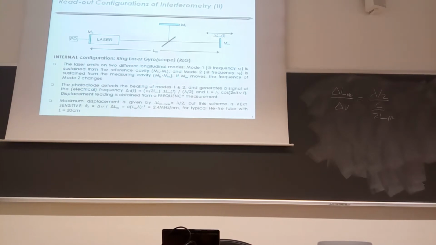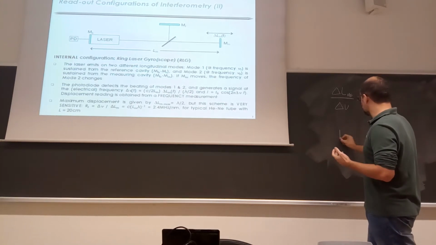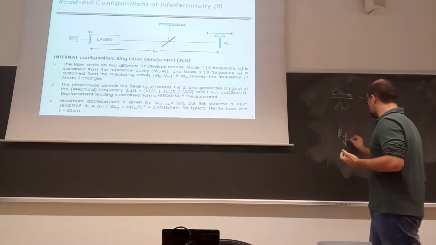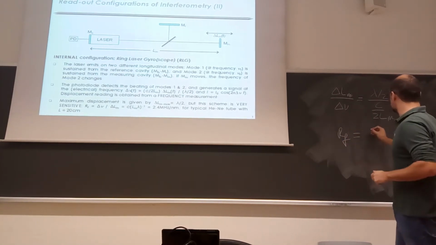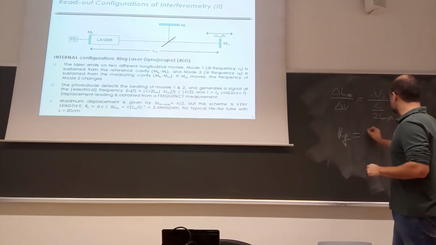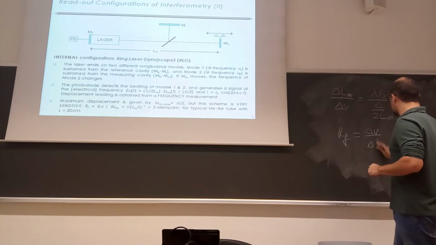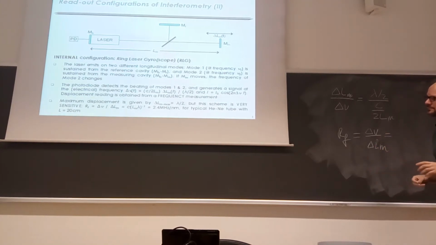What is really important is the sensitivity, or responsivity, of this instrument in frequency, which is given by the inverse of this: c over 2L divided by lambda over 2.